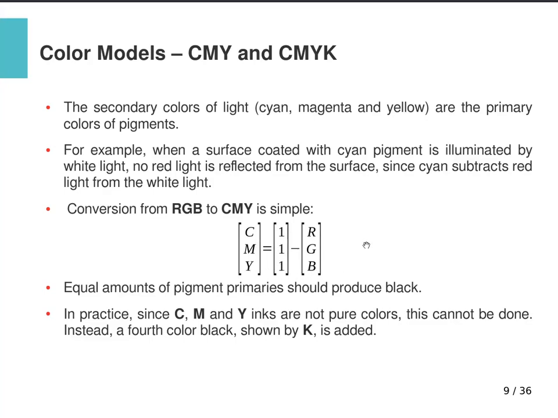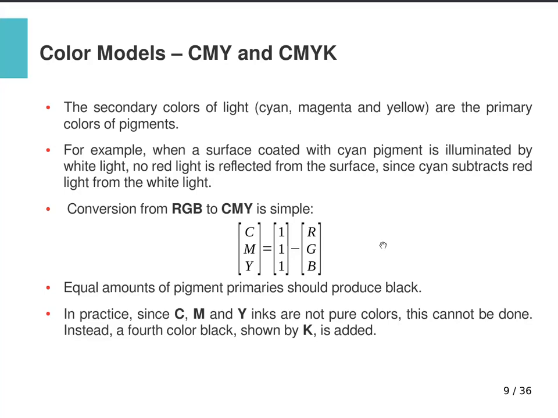Considering 1 is basically R plus G plus B, you can clearly see that each one of the secondary colors of light can be derived by adding two primary colors of light. Equal amounts of pigment primaries should produce black, but in practice, since we don't have pure colors, this is not satisfied, especially since the CMY color model is used for printers.